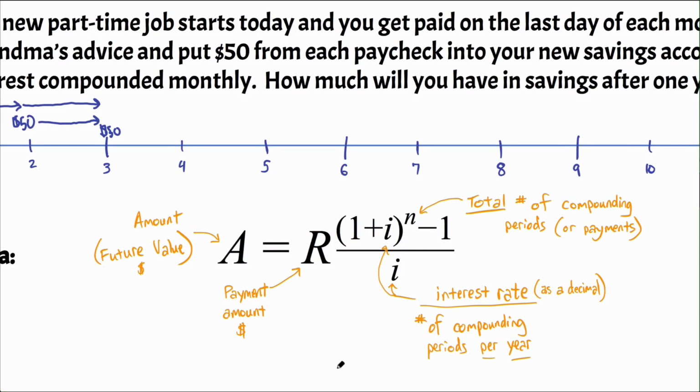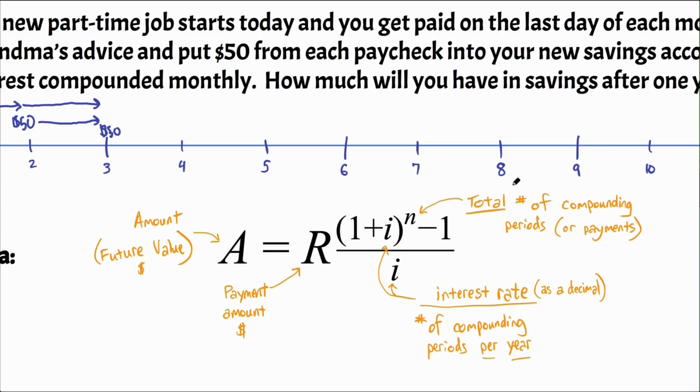We've got A equals R times (1 plus I) to the n power minus 1, over I, where A, again, is our future value, our future amount. R is our payment amount, what we're putting in on that regular periodic basis. N, notice, is slightly different than the N in our previous formulas.